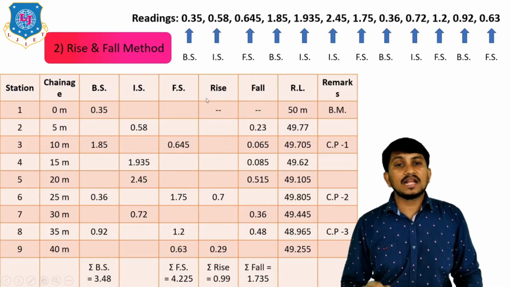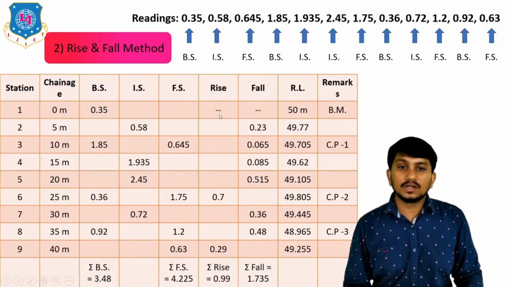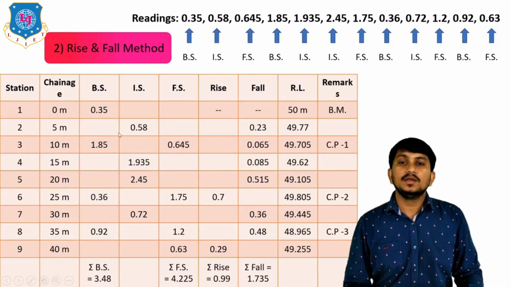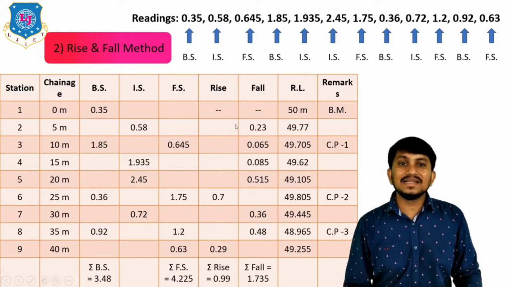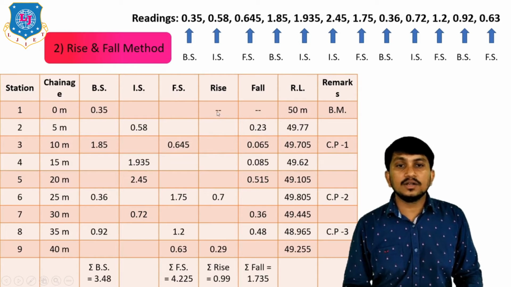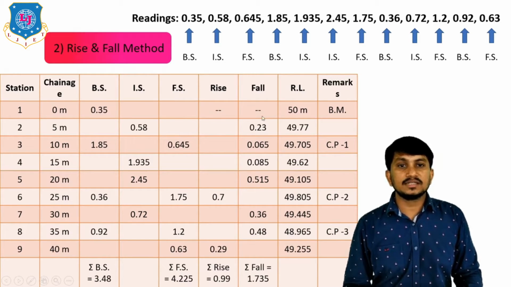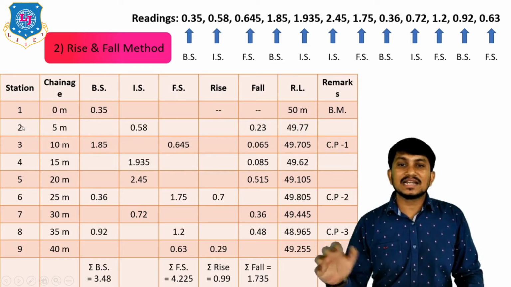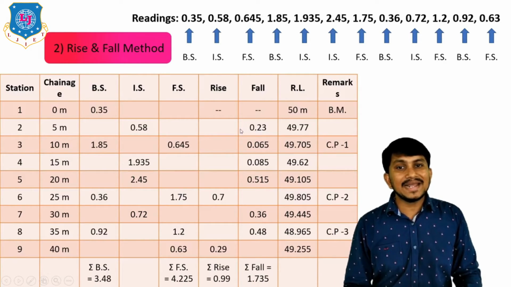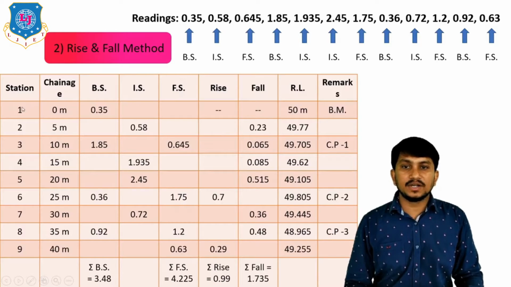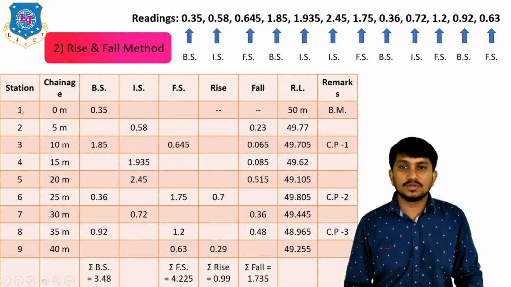Then we have to calculate rise or fall for each station. In the first station there is no preceding station, so we cannot calculate rise and fall. So there is a dashed line. Then in the second station we can calculate rise or fall by comparing the reading with the preceding staff reading, which is at station number 1.